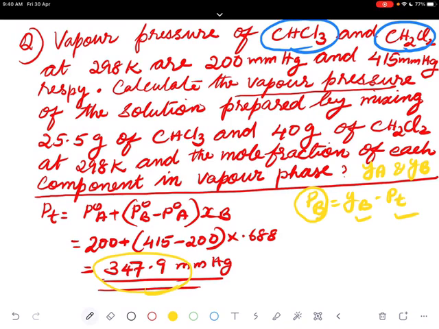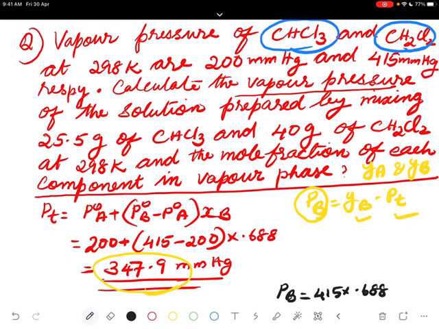XB here is 0.688. What is P naught B? That is the higher value, 415. So I'll write Pb is equal to P naught B into XB, 0.688.